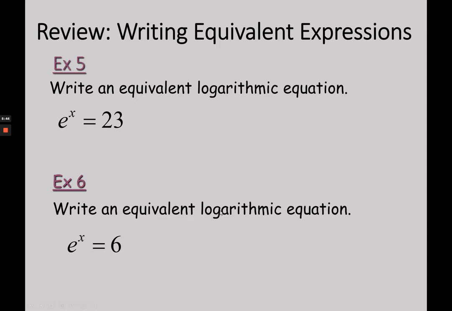Now we also have to review writing equivalent expressions. Remember, this exponential can be written in logarithmic form. Actually, this is logarithm base e of 23 equal to x. And remember, logarithm base e is simply written as ln.